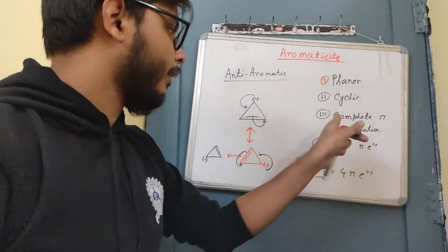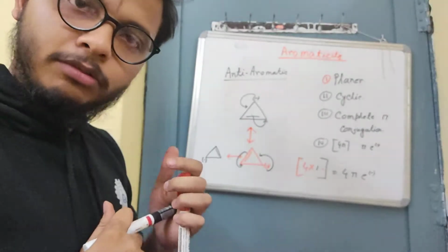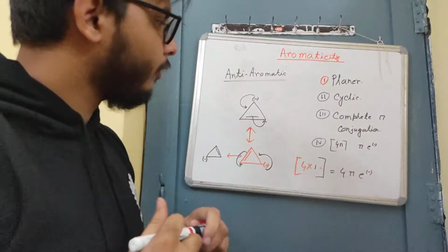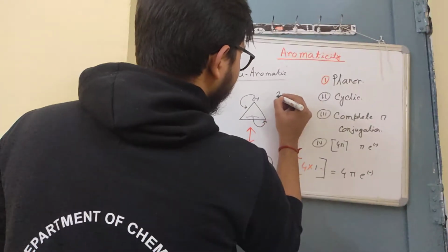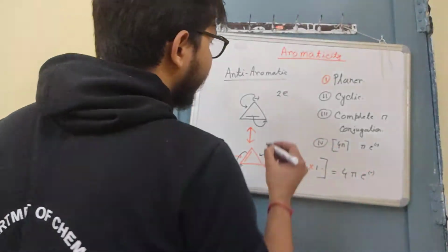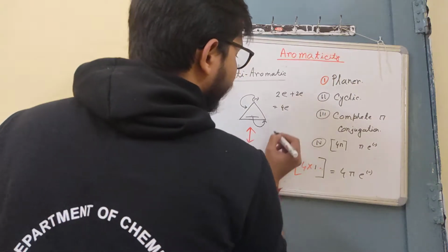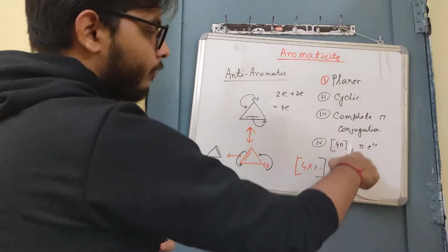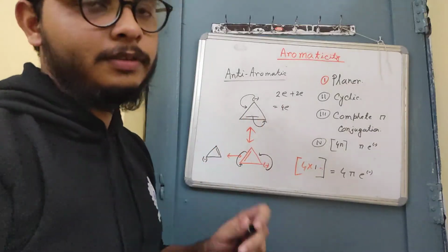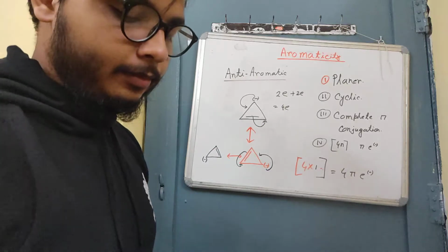So this is complete pi conjugation, and we have to calculate the peripheral electrons, right? Here is one pi bond, that means 2 electrons, and one negative charge means 2 electrons. That means 4 electrons, and that means 4n pi. So this species is also an anti-aromatic species. Okay.